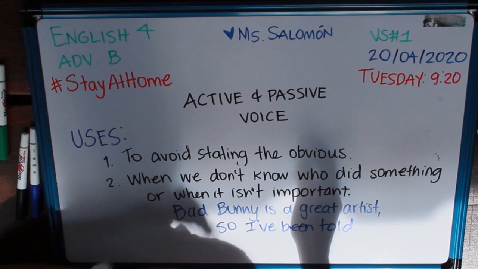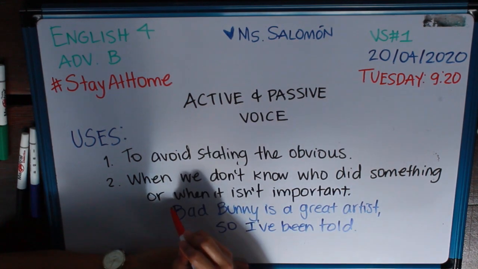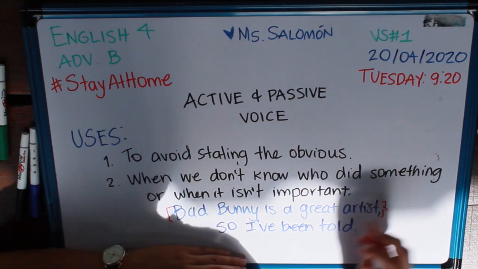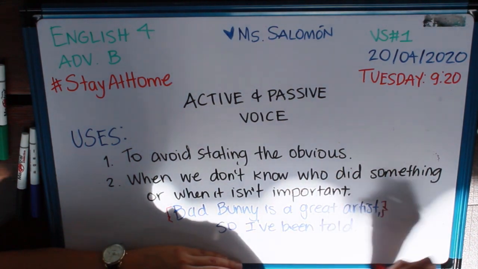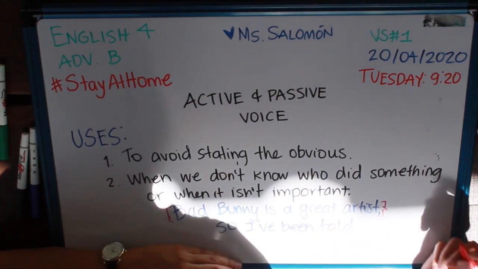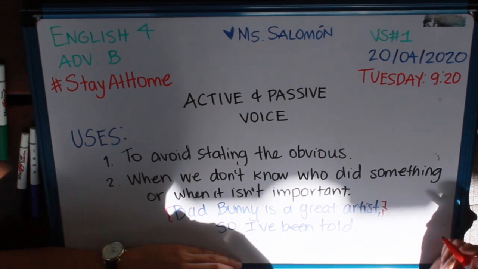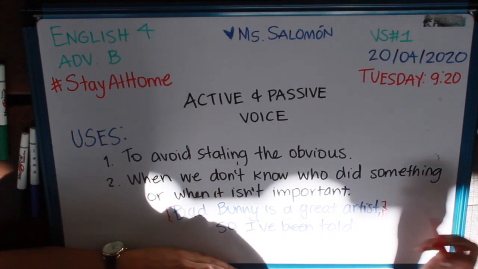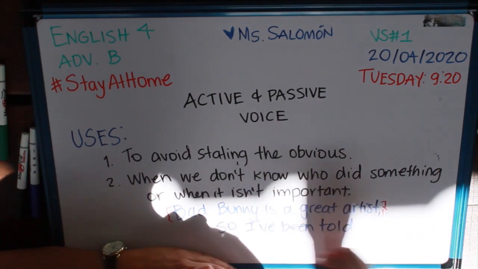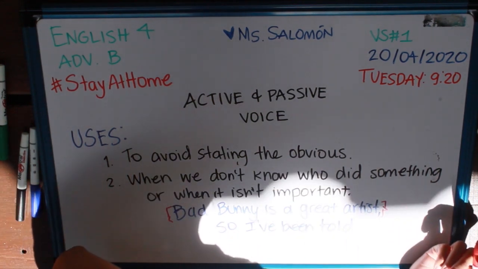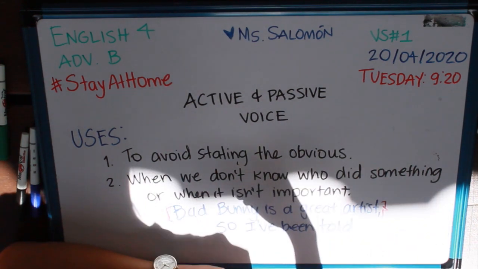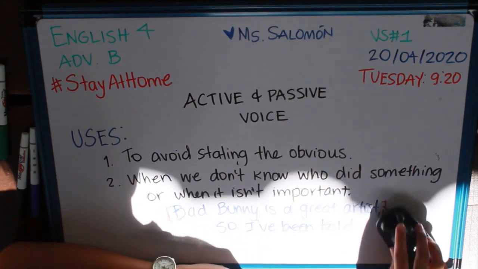This sentence is emphasizing the fact that Bad Bunny is a great artist. I don't really care about who said it. I could say Bad Bunny is a great artist, my sister told me so, but nonetheless, I wouldn't be emphasizing the person who told me, just the fact that Bad Bunny is considered a great artist. So these are the two uses that we would have for the passive voice.